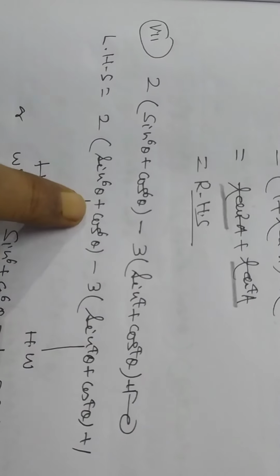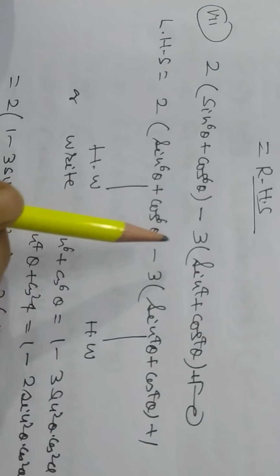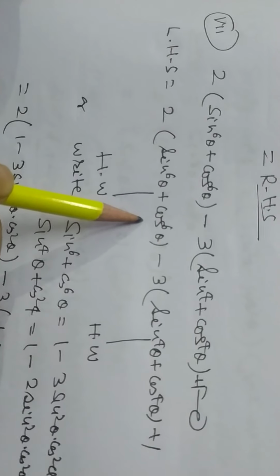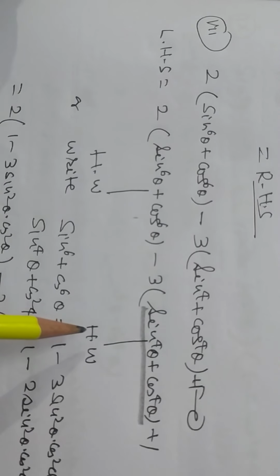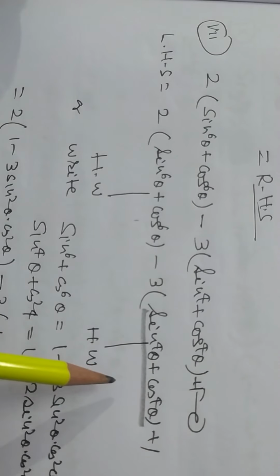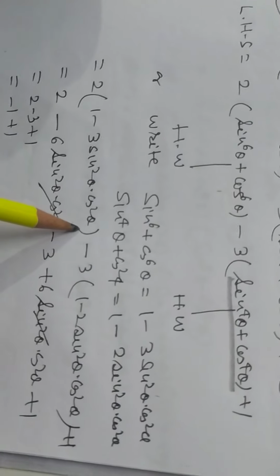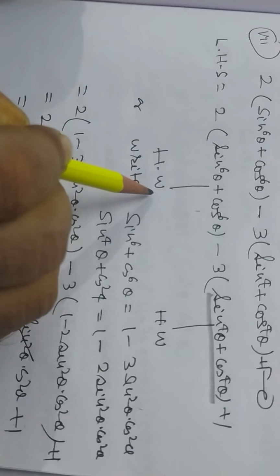Either if you know the formula, sine to the power 6 theta plus cos to the power 6 theta is equal to 1 minus 3 sine square theta into cos square theta, and sine to the power 4 theta plus cos to the power 4 theta is equal to 1 minus 2 sine square theta into cos square theta, then you directly write. And if you don't know, then you solve it stepwise.